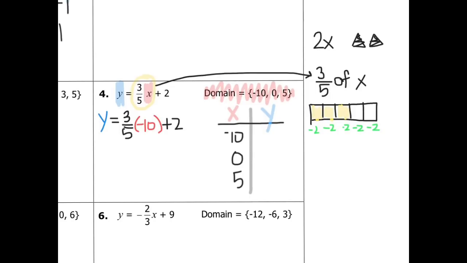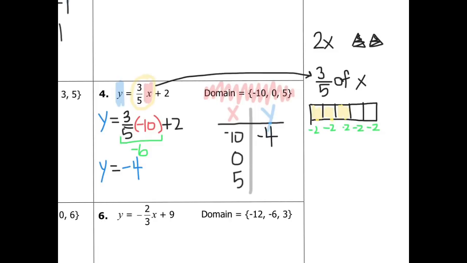So that means that this portion right here is really the same as -6. So now I can go through my problem and say -6 plus 2 is equal to -4. y equals -4. When my x value is -10, my y value equals -4. I'm going to mark that over here.